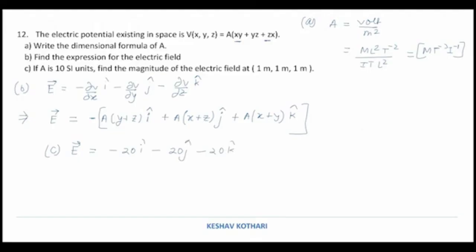If we are only calculating the magnitude, then we can write it as root over 20 square plus 20 square plus 20 square, or we can write it as 20 root 3 Newton per Coulomb, and on solving we approximately obtain 35 Newton per Coulomb for this particular problem.